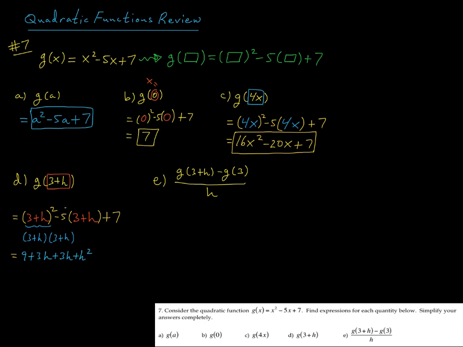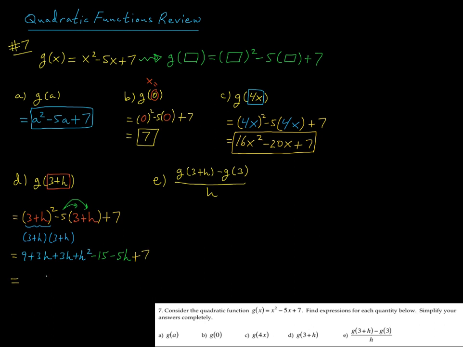And then here we can go ahead and distribute this negative 5, and so that's going to give us minus 15, and then minus 5h, and then we still have this plus 7 out here.